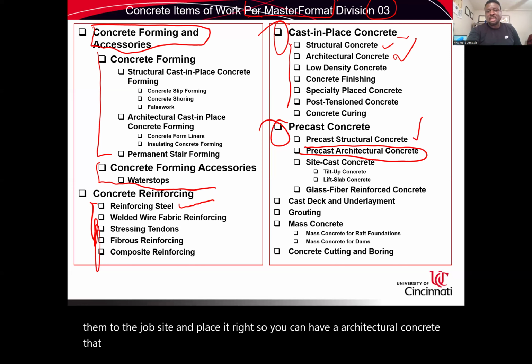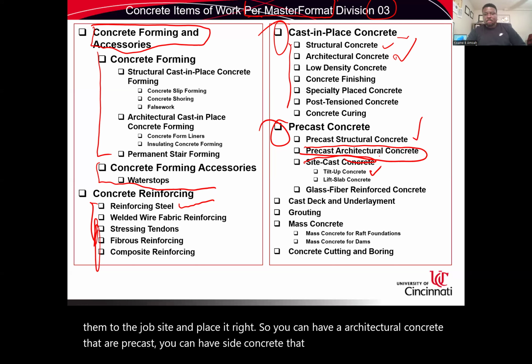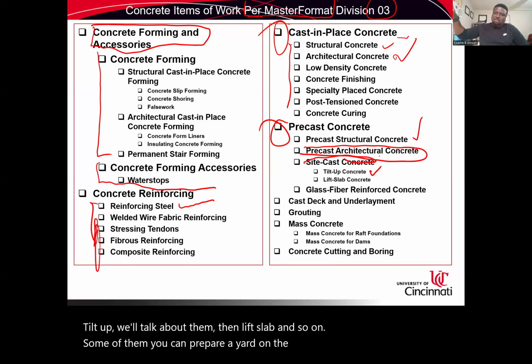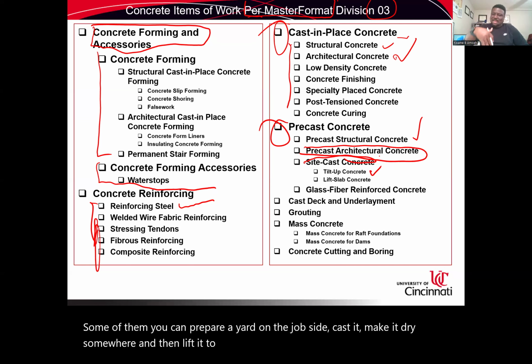You can have site concrete that is tilt up. We'll talk about them, then lift slab and so on. Some of them you can prepare a yard on the job site, cast it, let it dry somewhere, and then lift it to the place that you want it to be on the site. So think about all these differences.